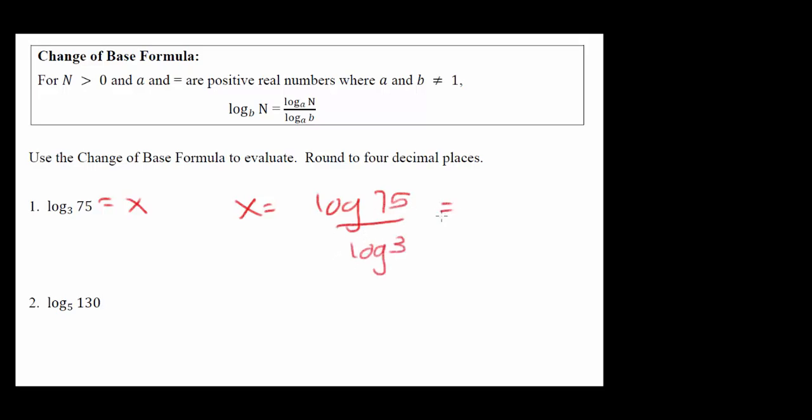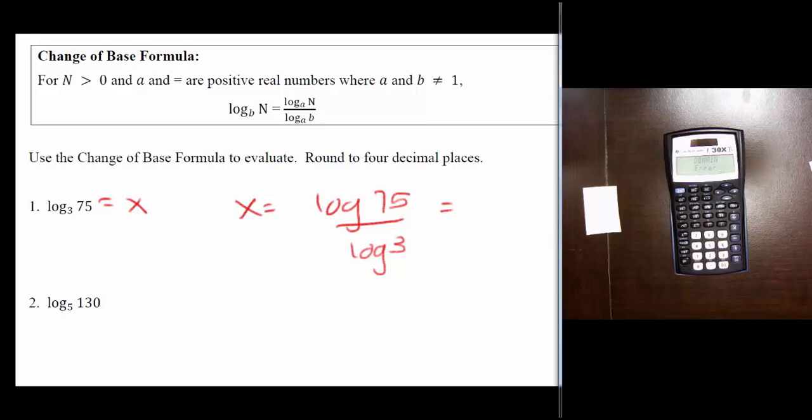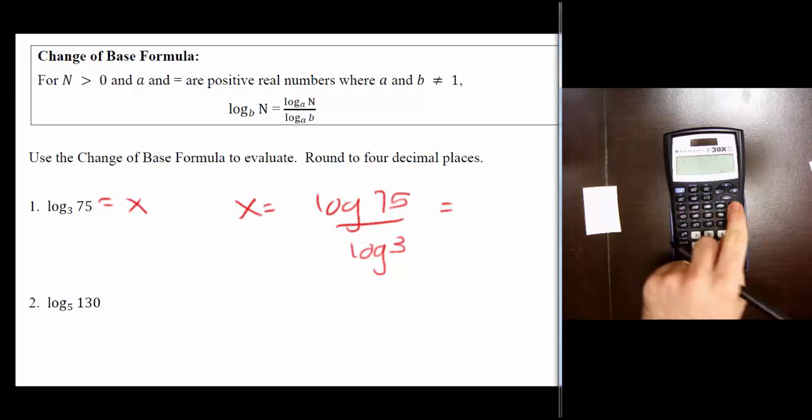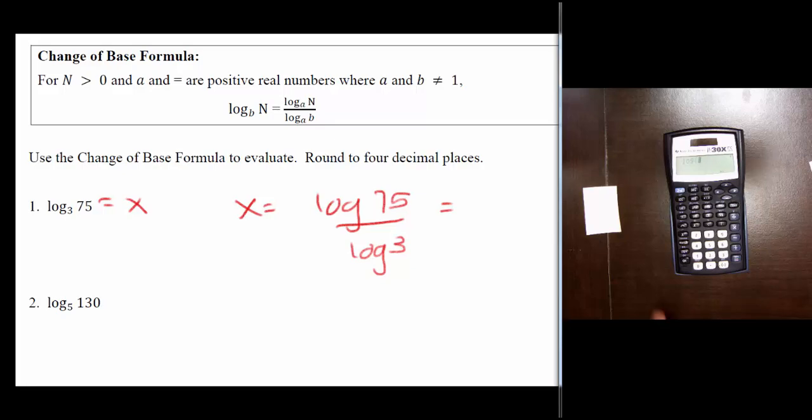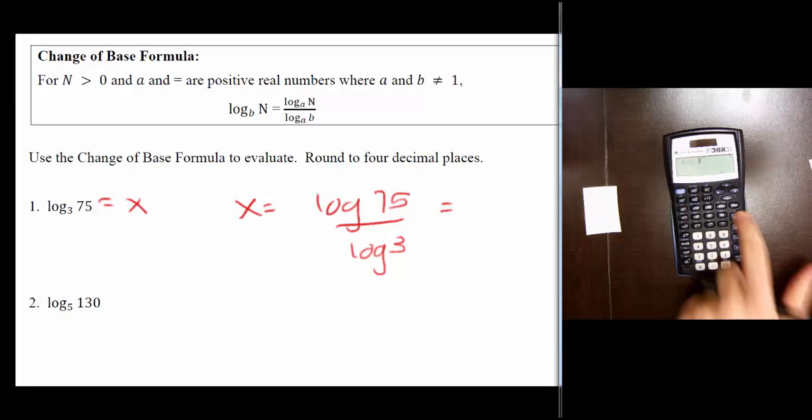And I'm going to round that to 4 decimal places and let you see what we get. Watch me type in this calculator really quickly. I'm going to say the log of 75. I then press equals to get that decimal. I don't want to have to write that decimal down and then divide it by the log of 3. I'm going to leave it there and press divide, and therefore it has ANS, so it has the answer that I just got divided by the log of 3.